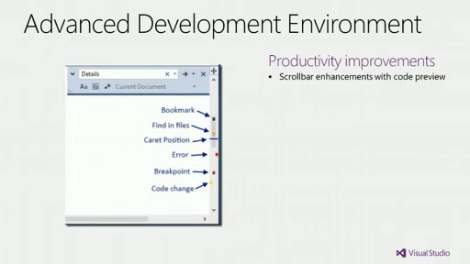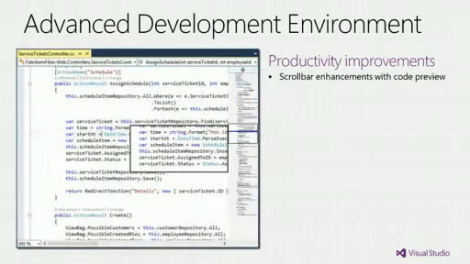You can see from the slide that we can see where breakpoints are, code changes, where things are found in the file, where the caret is, that kind of stuff. So we've augmented the scroll bar to enable you to see within the files very quickly where you want to go as you're traveling up and down the scroll bar.